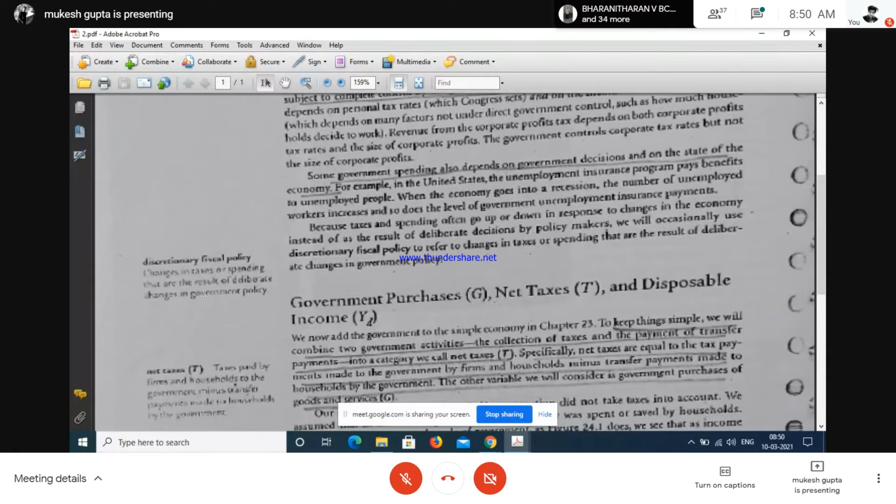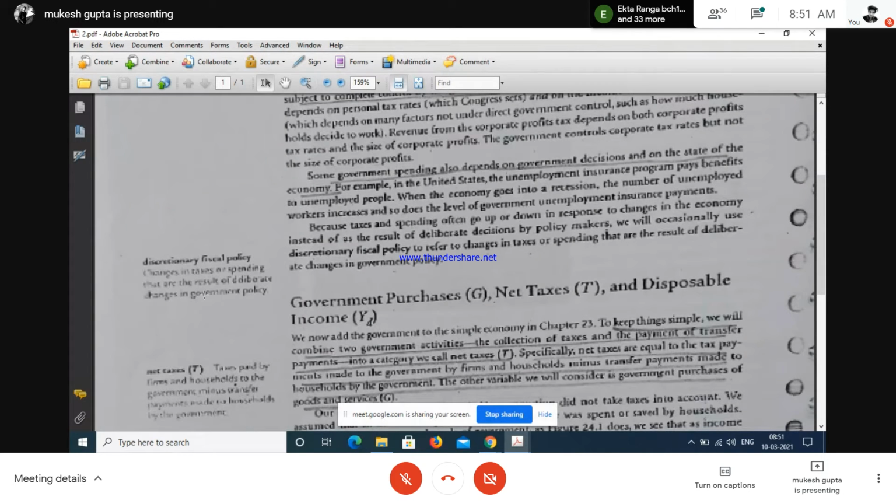By imposing the tax, the government collects tax revenue from the economy, and at the same time transfers some income to persons. So net tax is just tax minus transfer payment, the net collection of revenue by the government. Disposable income is the income after tax, as you know.